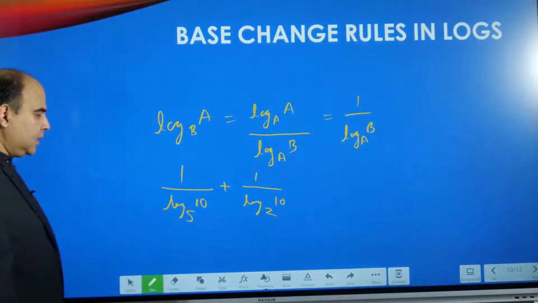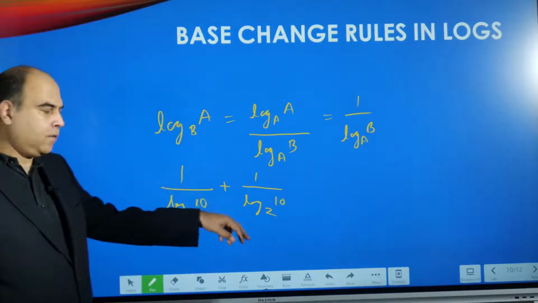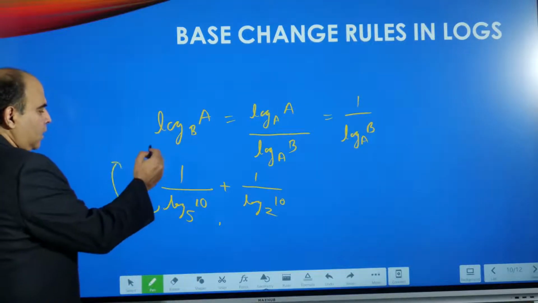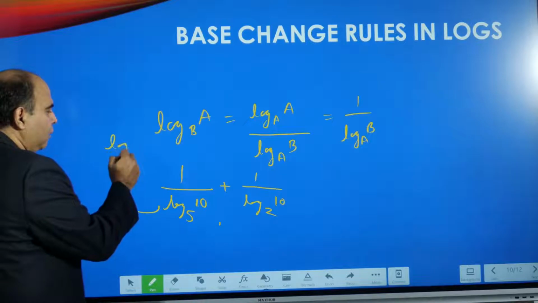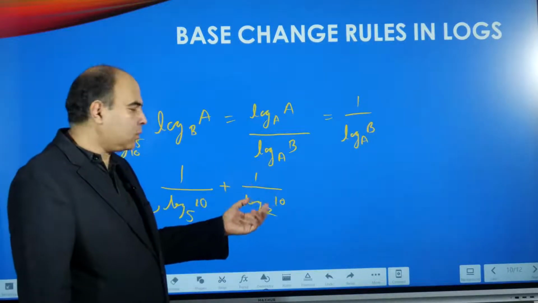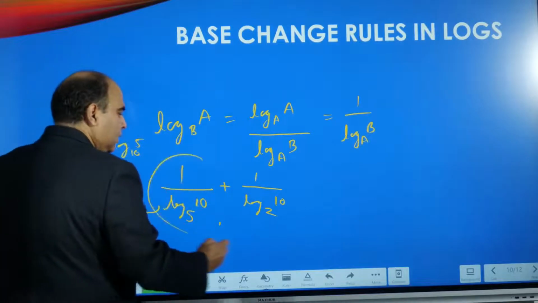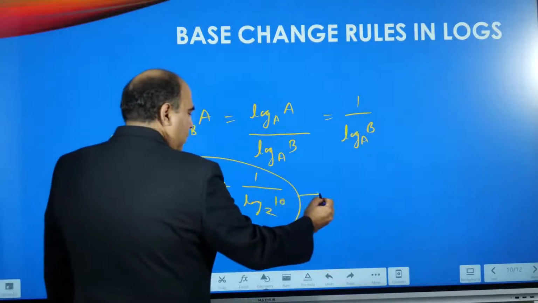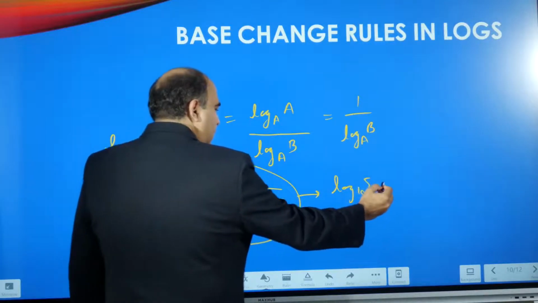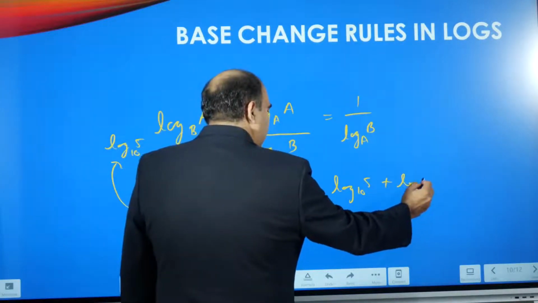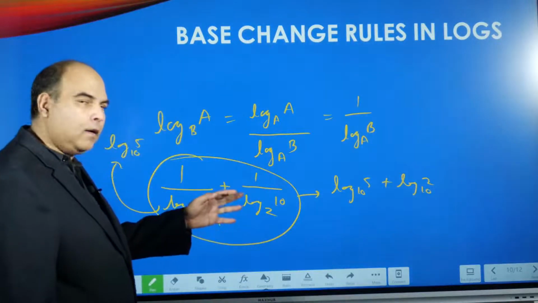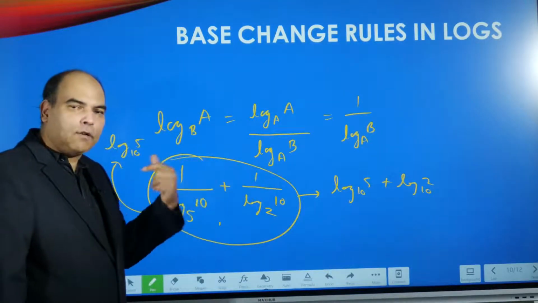If you've got something like this, you can invert it: 1 upon log 10 to the base 5 becomes log 5 to the base 10, and this becomes log 2 to the base 10. So the expression gets simplified as log 5 to the base 10 plus log 2 to the base 10, and you then multiply, so it becomes 5 into 2, 10. Log 10 to the base 10 will become 1.